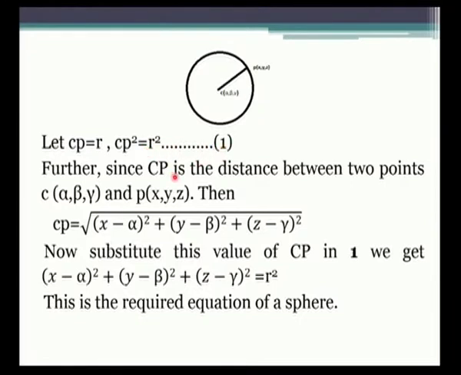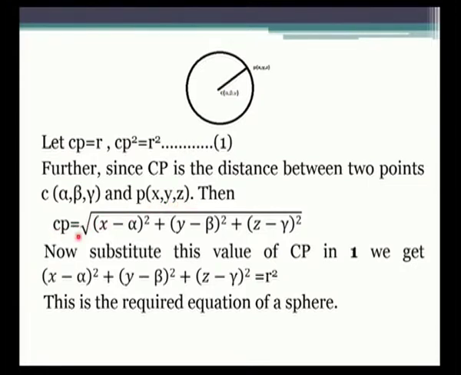Further, since CP is the distance between 2 points, that is center point of the sphere and any point on the surface of the sphere. Since CP is the distance between 2 points C, which has the coordinates alpha, beta, gamma, and P, which has the coordinates x, y, z.